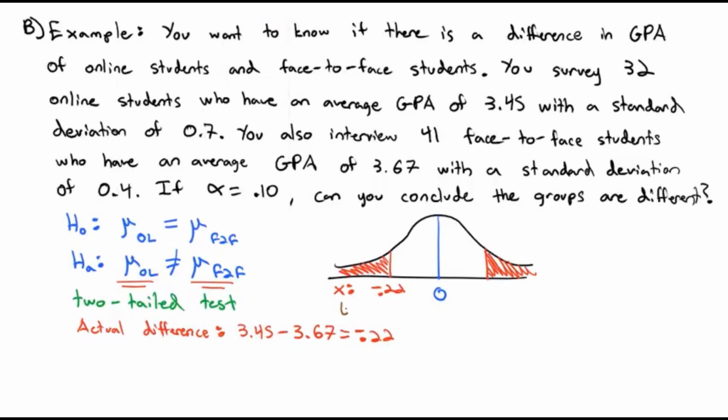We need to figure out what the t values are. Well, our distribution, the difference between online students and face-to-face students, is a t-distribution, but we don't really know the degrees of freedom because it's got that ugly formula, so we're going to go to our calculator.